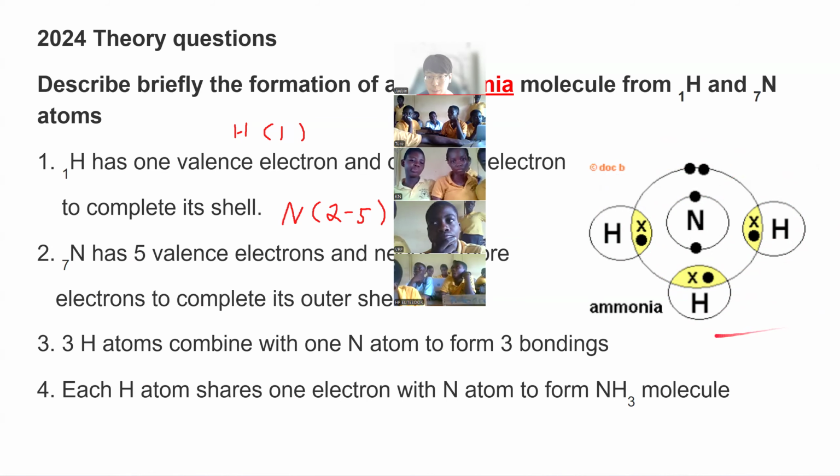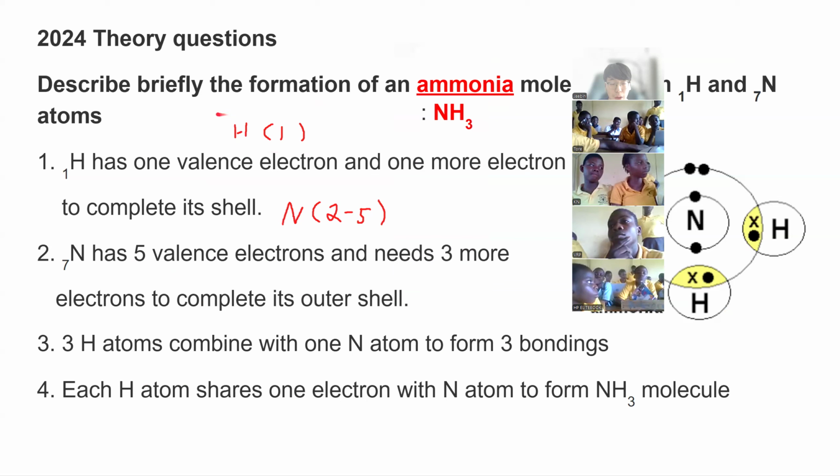This is how you would describe how NH3 is formed. So this is not a combination of ions. It's not an ionic compound, because hydrogen and nitrogen are both nonmetals, not a positive and a negative ion.